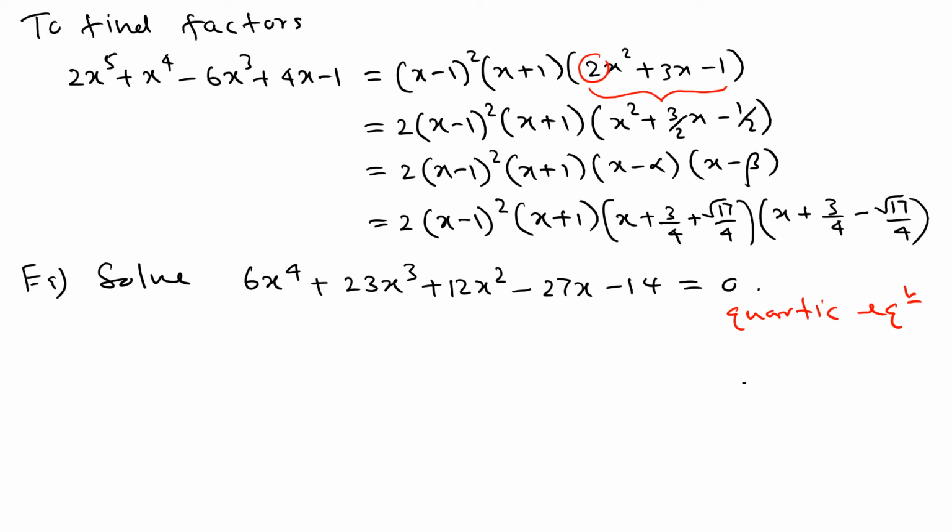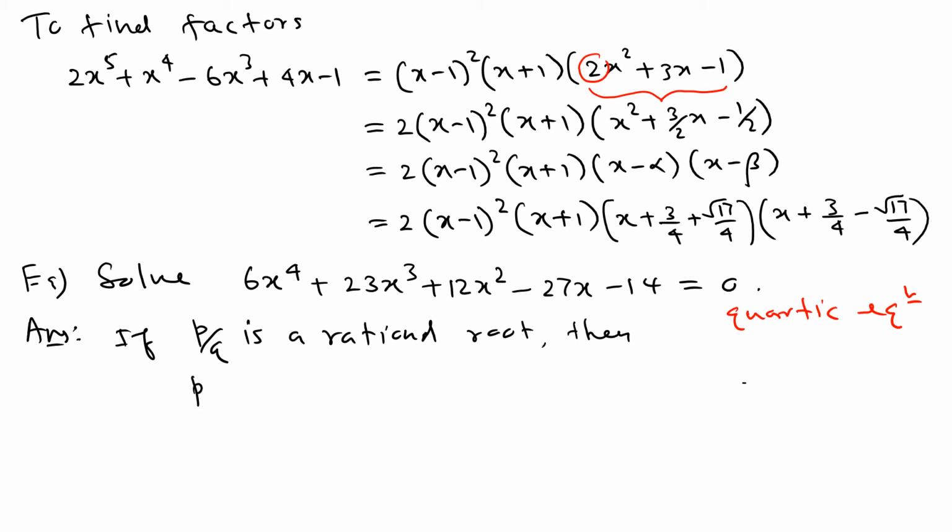So we can use the rational roots theorem. If P over Q is a rational root, again with no common terms, then we know that P has to divide -14 and Q has to divide 6. So that means we're going to look at factors.